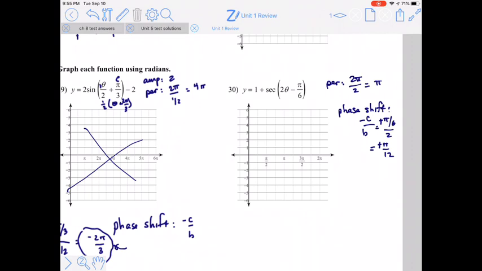So I'm actually going to use the graph provided. So this would be pi 4ths of a unit right there. So pi 12ths to the right would be very close there to the origin, and then it's going to shift up 1 unit. So I'm going to consider a new set of axes right about there.